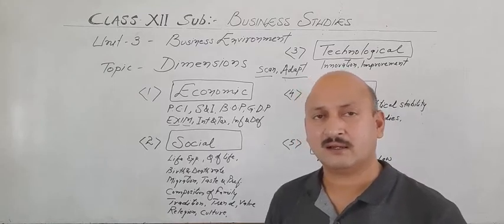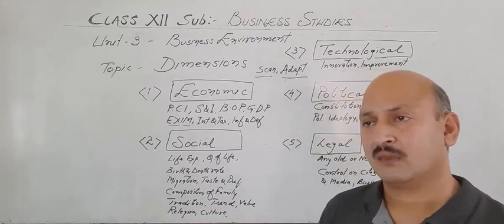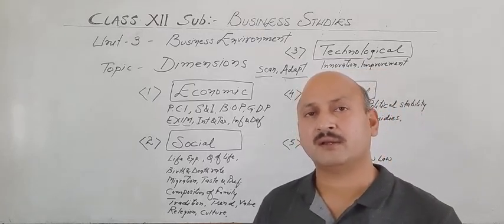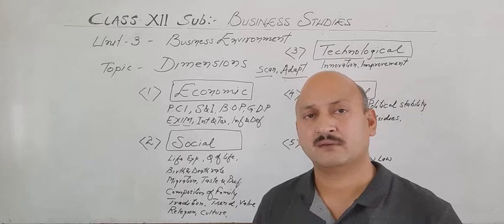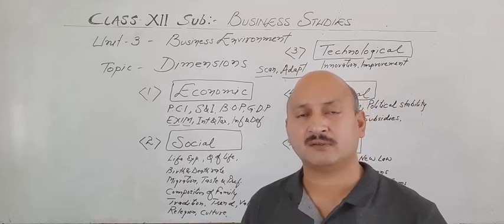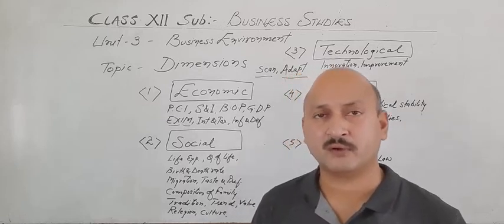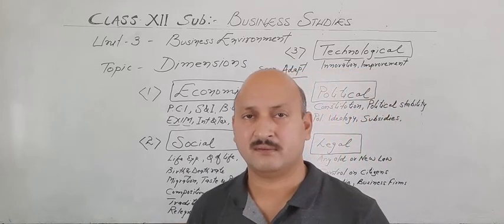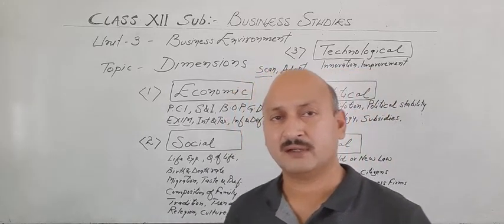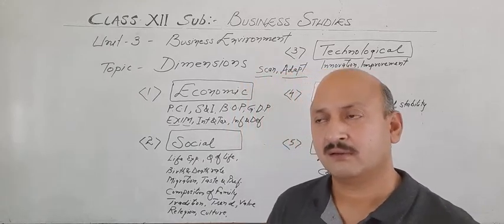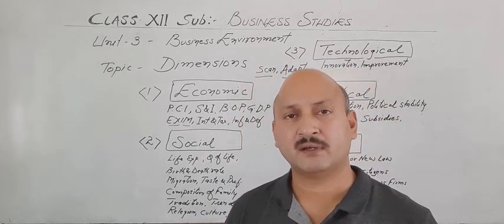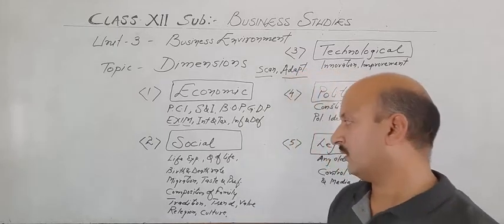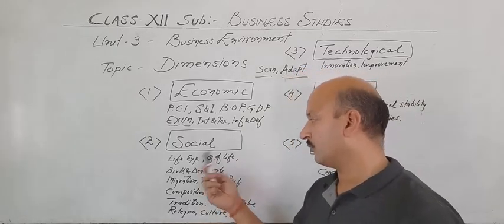So earlier it was 33 before independence. So it shows how much we have improved on medical and health area. The more medical facilities provided by the government and private sector, then the life expectancy will certainly improve.